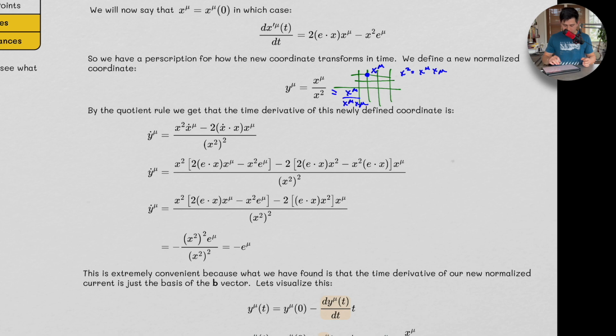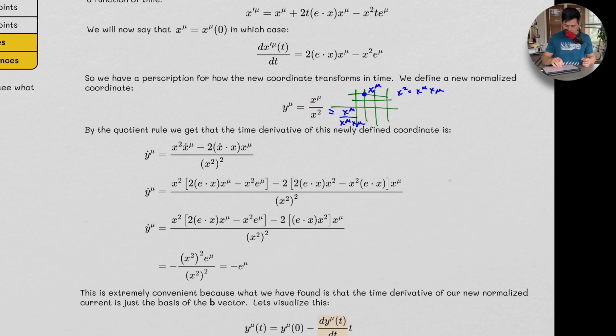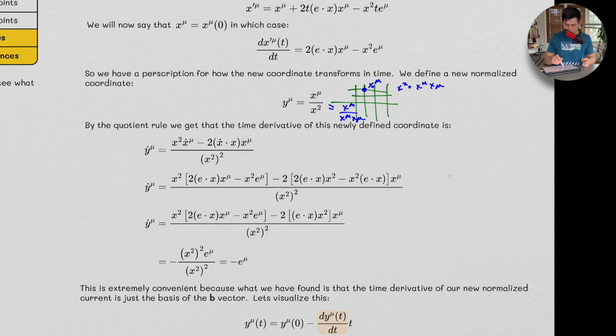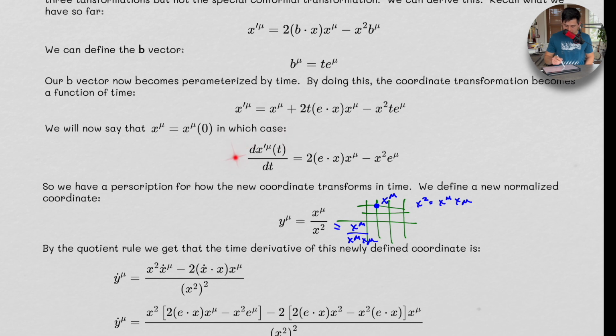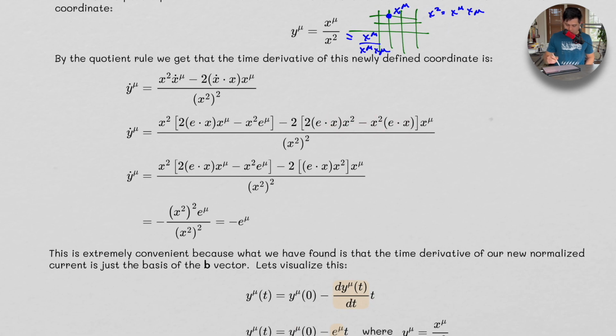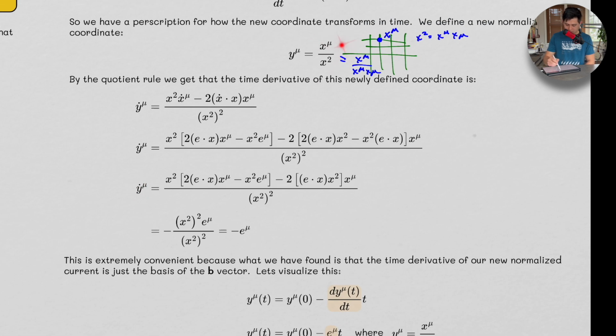Well, we do this because when we take the time derivative now of this thing, that's just going to be, we do the quotient rule. We do the quotient rule here, okay, and then this thing here is this, right? Because that was this right here. Okay, same thing here, and then from here to here, we're just collecting terms, and then from here to here, the point is that the time derivative of this is equal to this shifting vector.